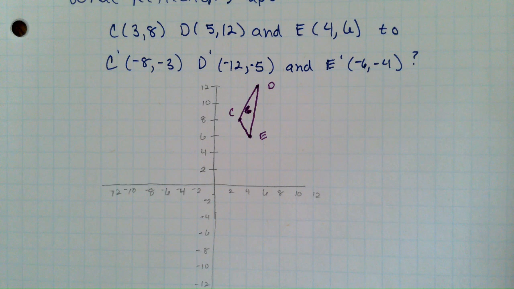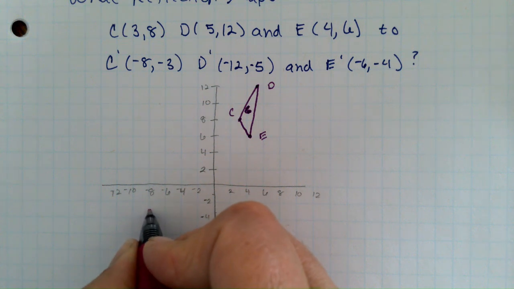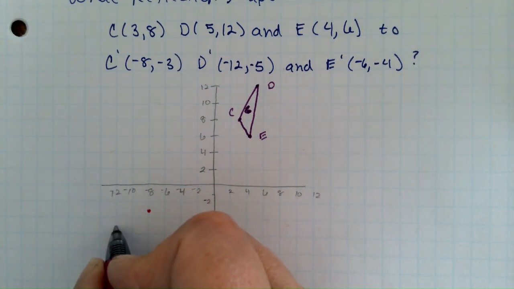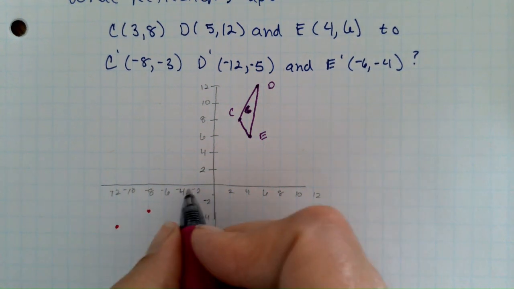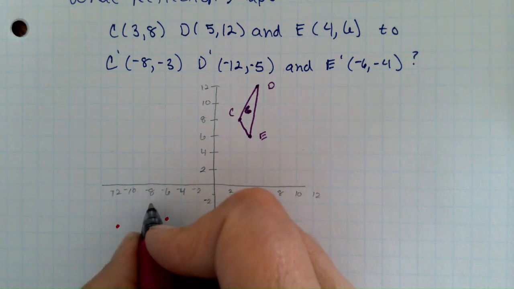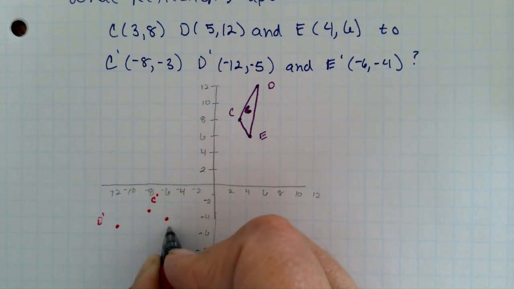Okay, so we're starting there, and we're mapping it to -8, -3, -12, -5, and -6, -4. So C, D, E.